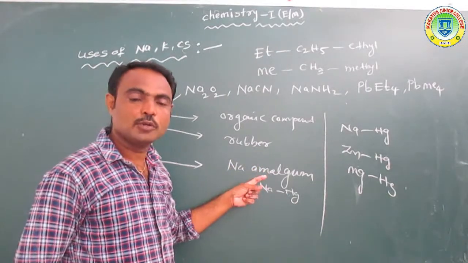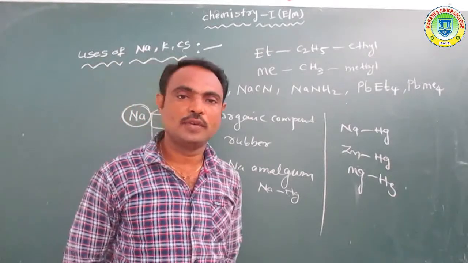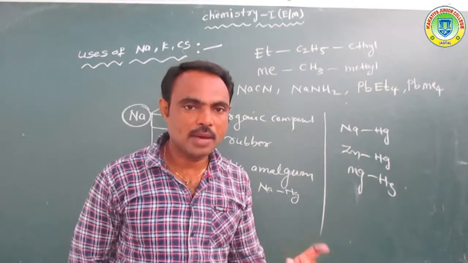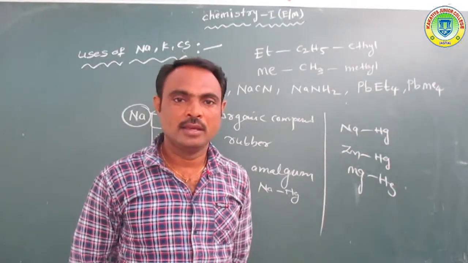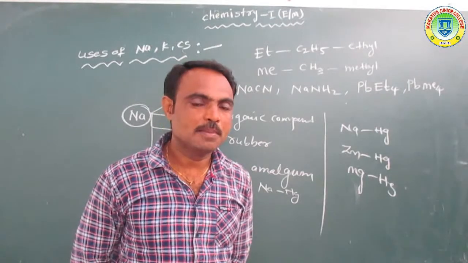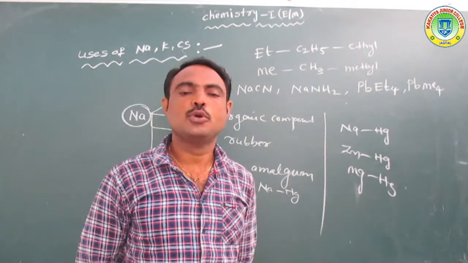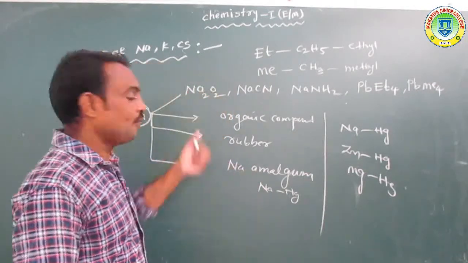Next, for the preparation of sodium amalgam, which is used for different types of compounds. Sodium amalgam is the combination of metal and mercury. NaHg means sodium amalgam.